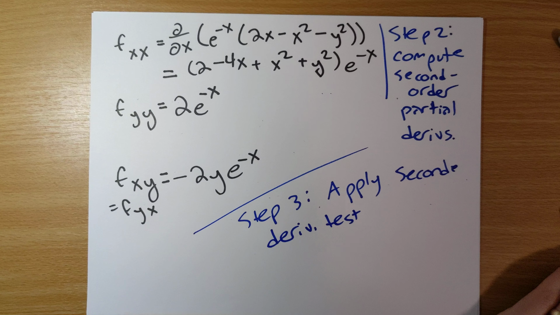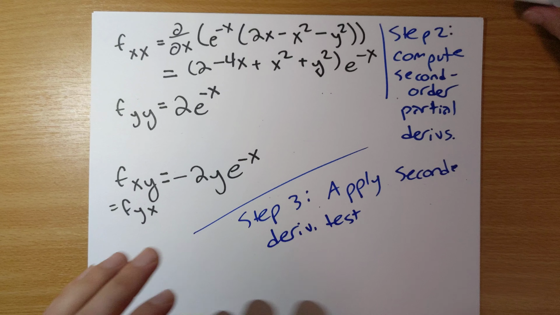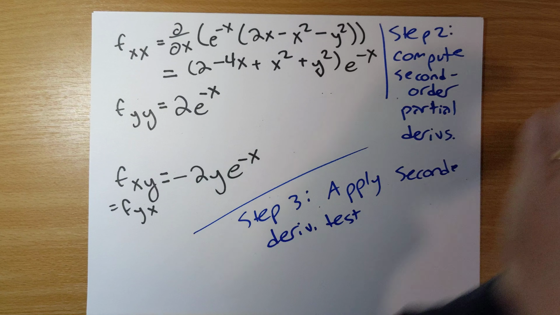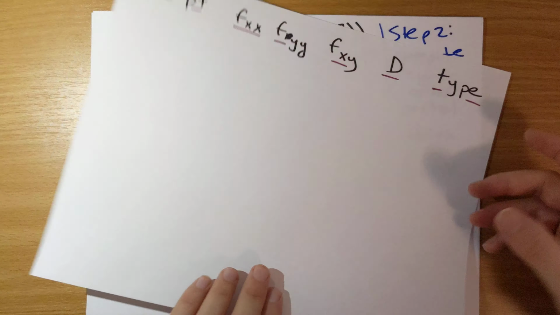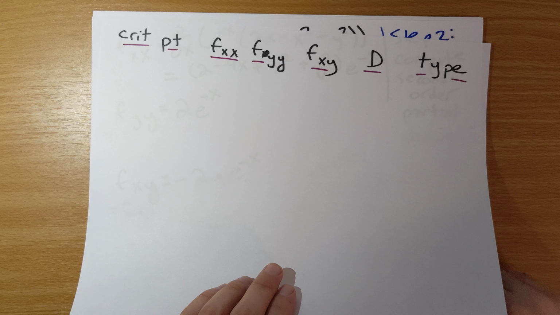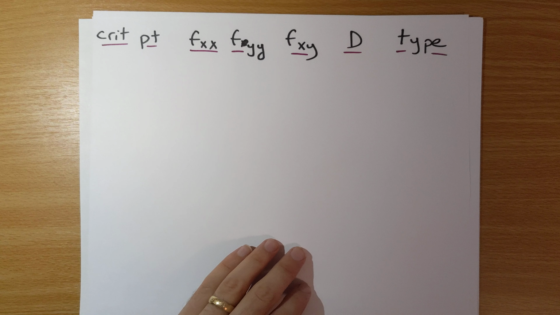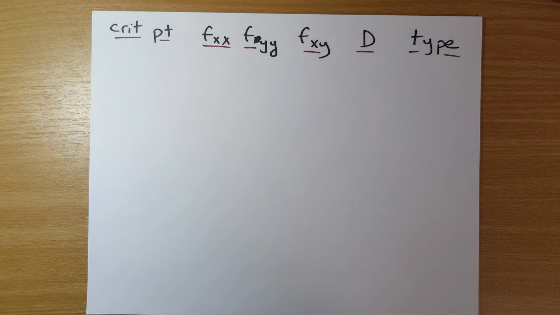And so something that many people like to do here is to make some kind of chart to help them do bookkeeping here.